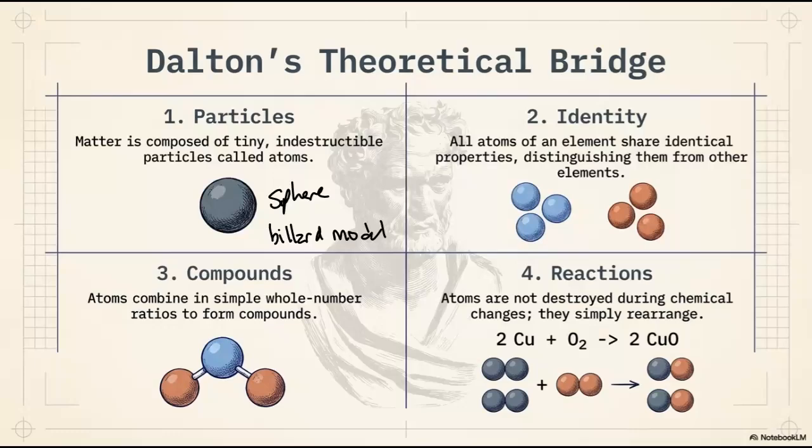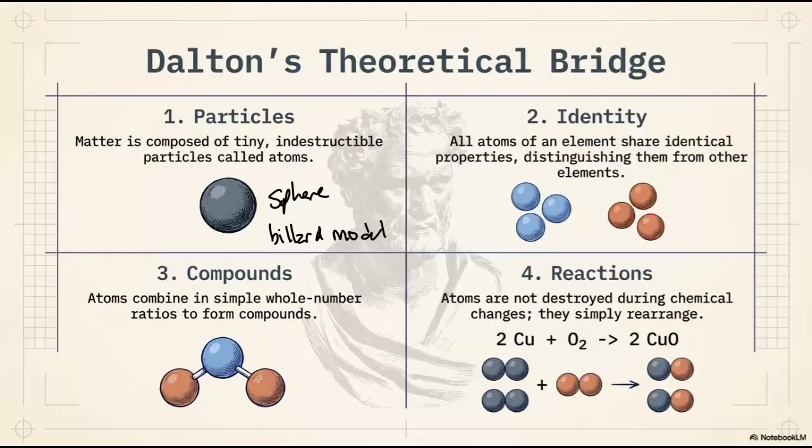And then he piggybacked that definition and said, if I can combine two different atoms with different properties, I'm going to get a new type of material that has new properties that are called compounds. So he was able to define what an element is and what a compound is.